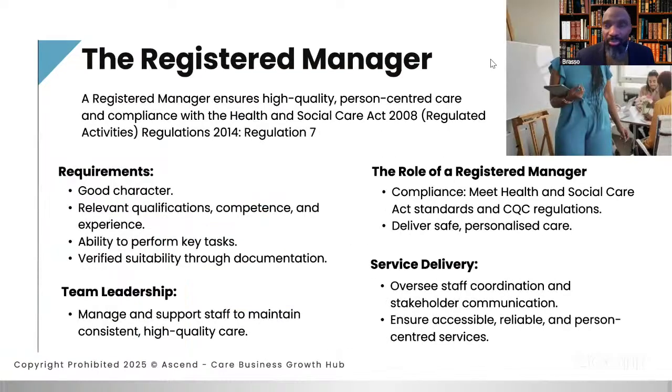I think most of us are familiar with this role. Again, it's the registered manager for whichever services you have chosen.